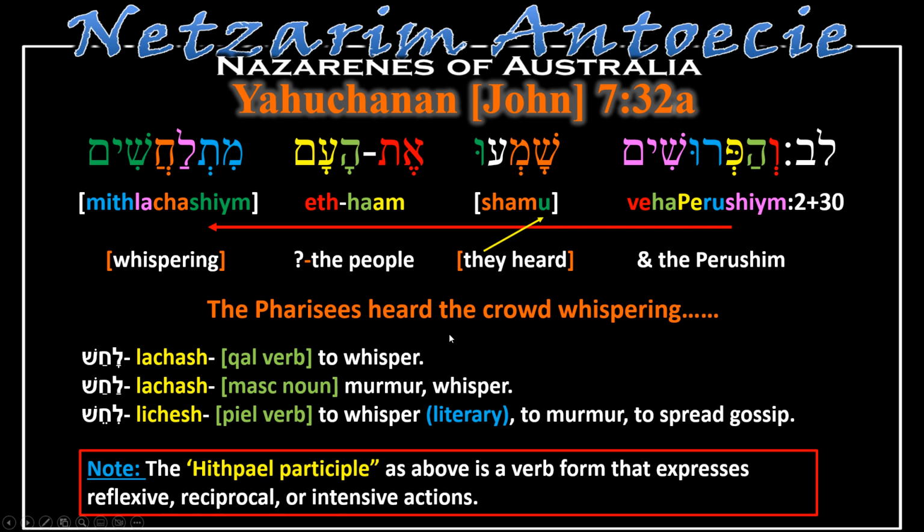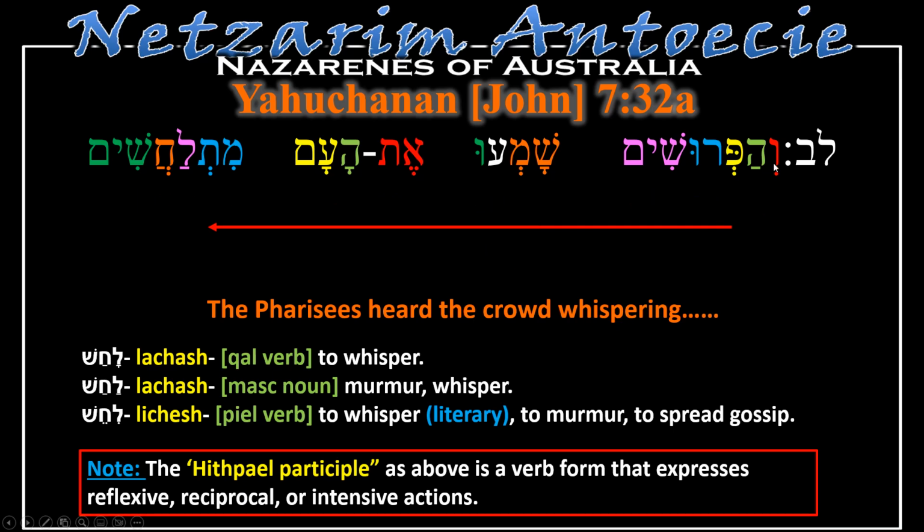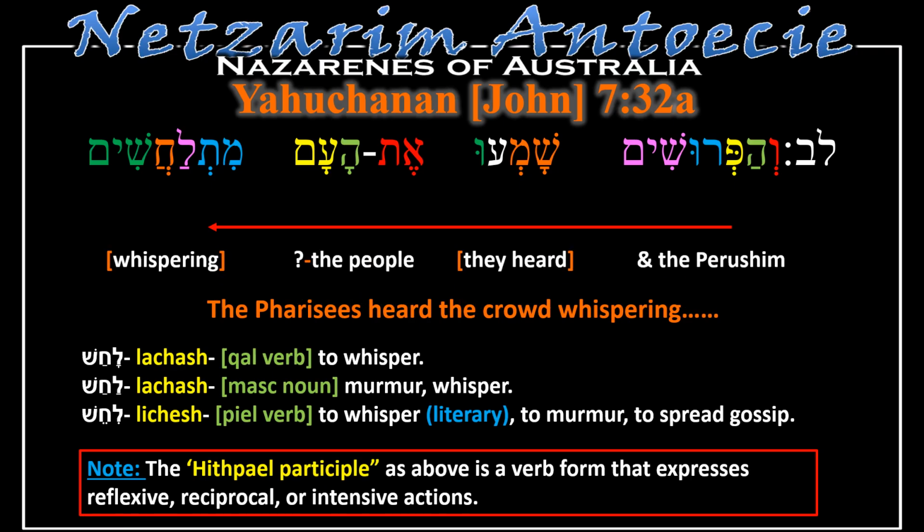So the Pharisees heard the crowd whispering. So we're going to read that now. Ve-ha-perushim shamu et ha'am mitlachashim. And the Pharisees, they heard, grammar marker, the people whispering.